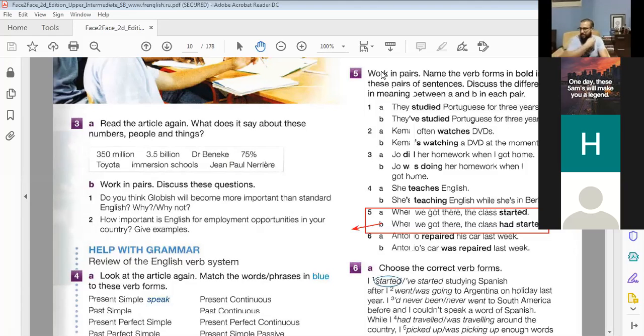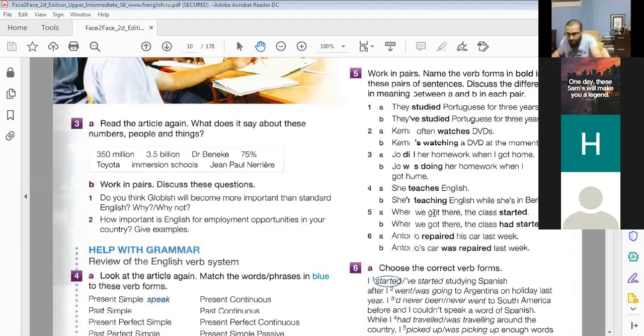Which one happened first? Which action is before the other? In A, when we got there, the class started. When we got there is the first action. Correct. If you want to make it in a very brief way, we can just use numbers.